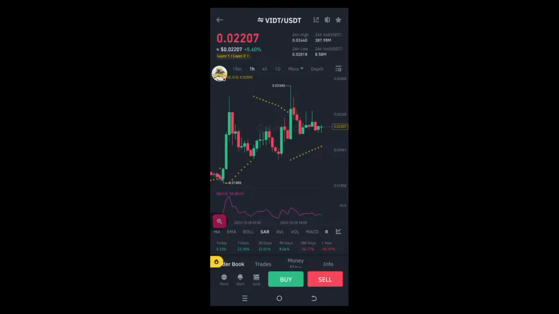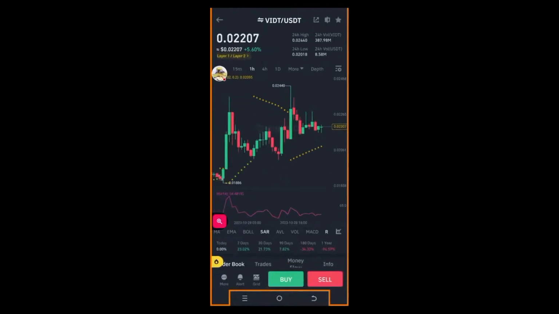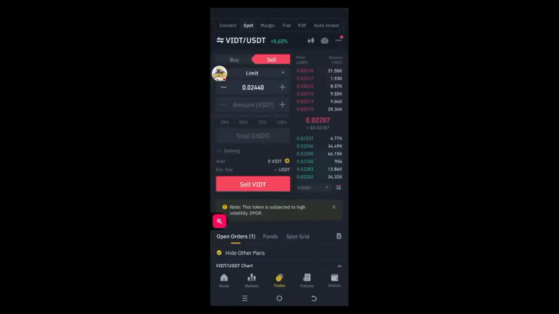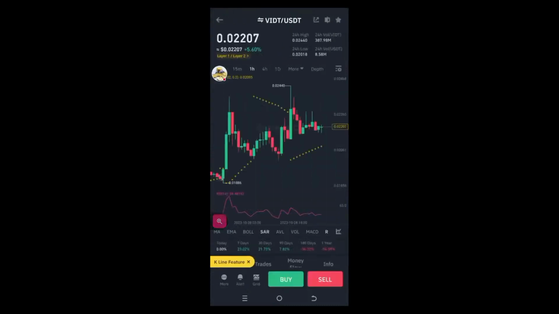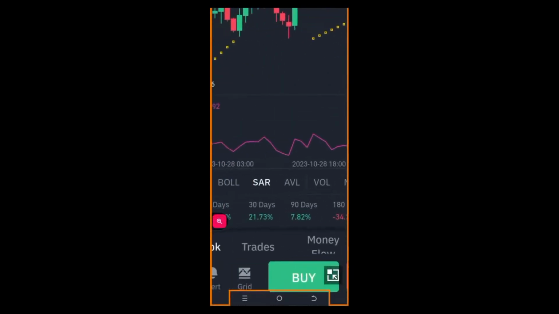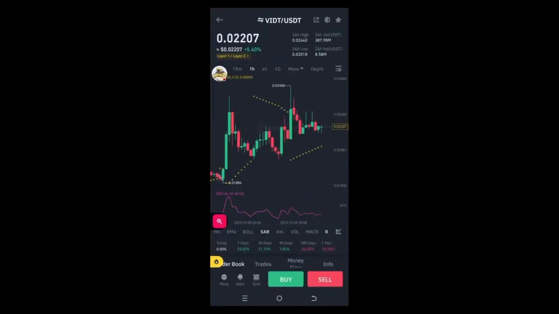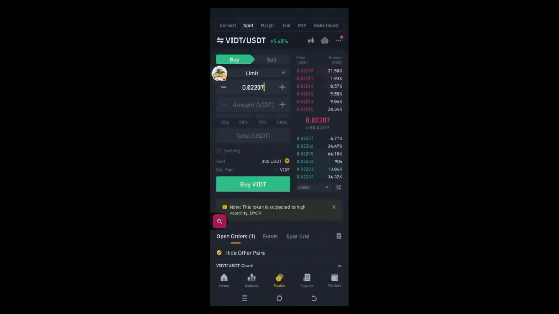VIDT. I just pray that as it's going up, it just keeps on going up. It's not fully on pump mode, but the conditions look right. Let me see. The parabolic SAR is under, and the RSI is not as high. Okay, let's go ahead and just try this out.